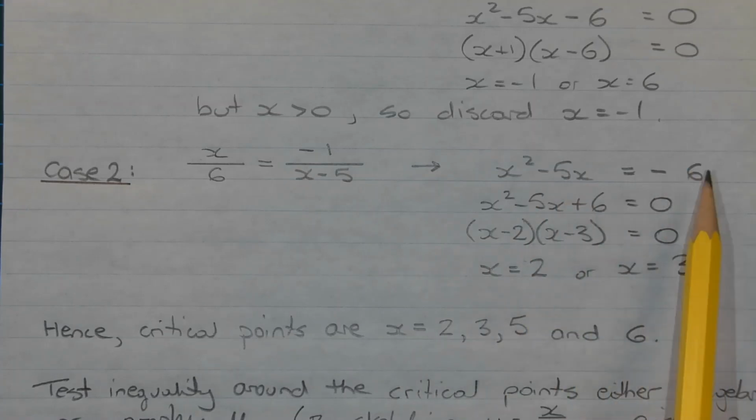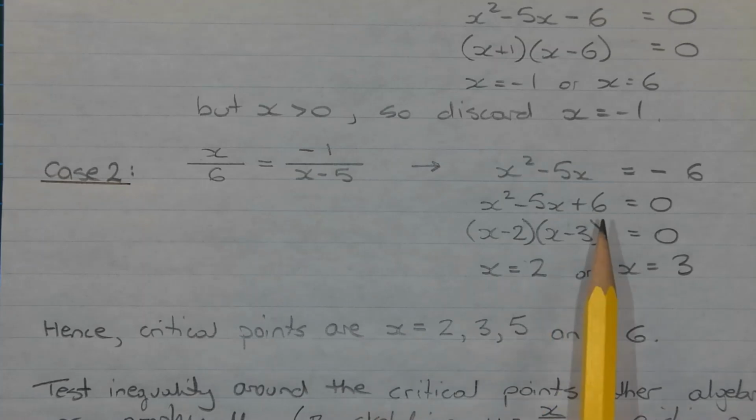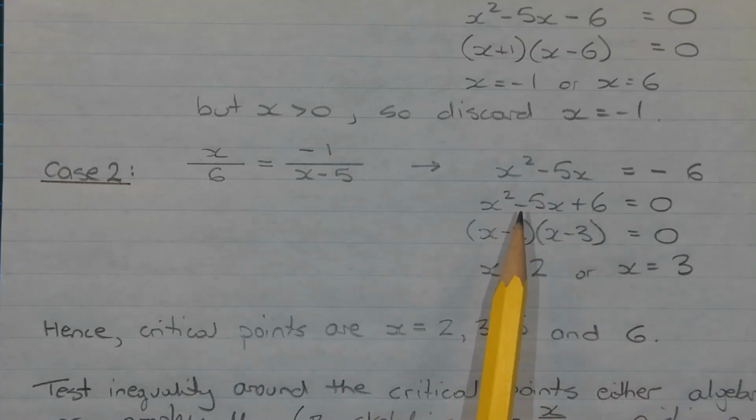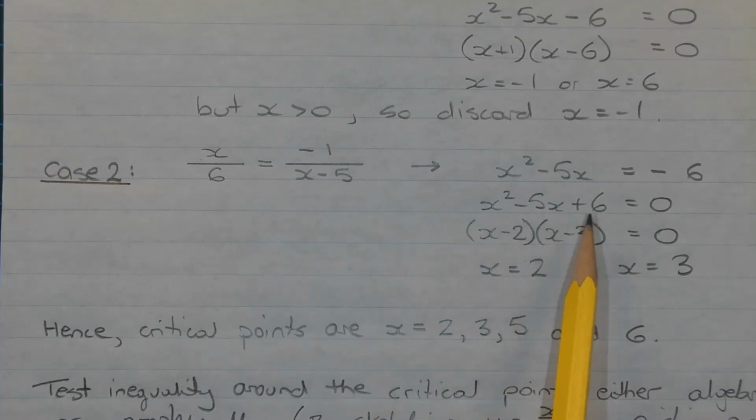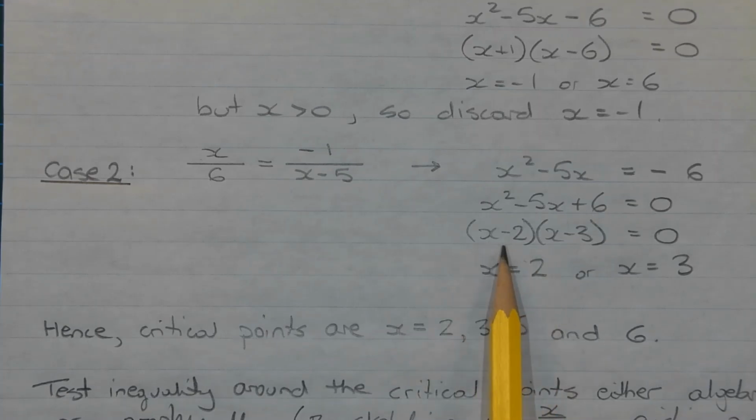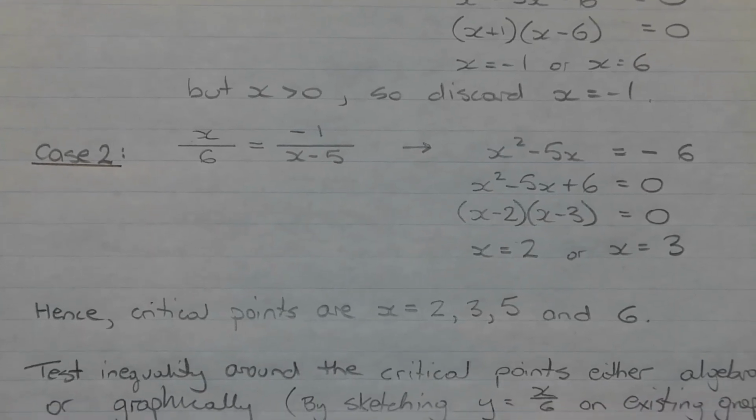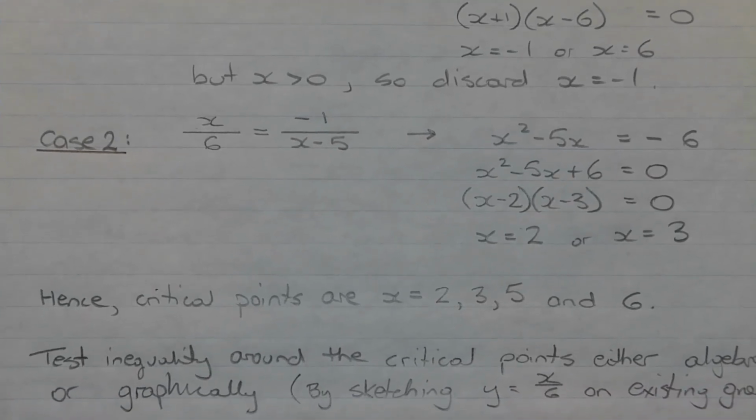Moving the negative 6 over to the left-hand side becomes positive 6, so we form the monic quadratic equation x squared minus 5x plus 6 equals 0. That factorizes to x minus 2 times x minus 3 equals 0, and by the null factor theorem, x equals 2 or x equals 3. Hence, the four critical points are x equals 2, 3, 5, and 6.